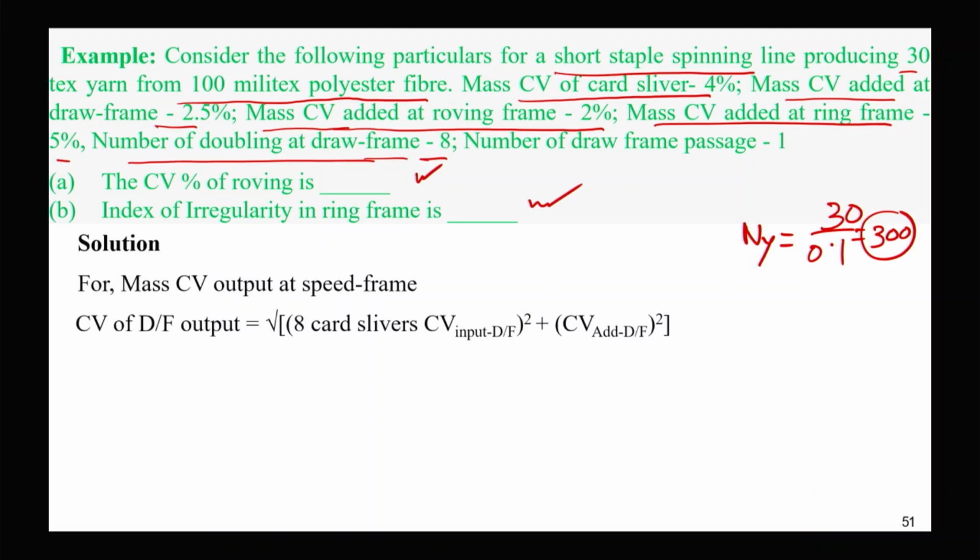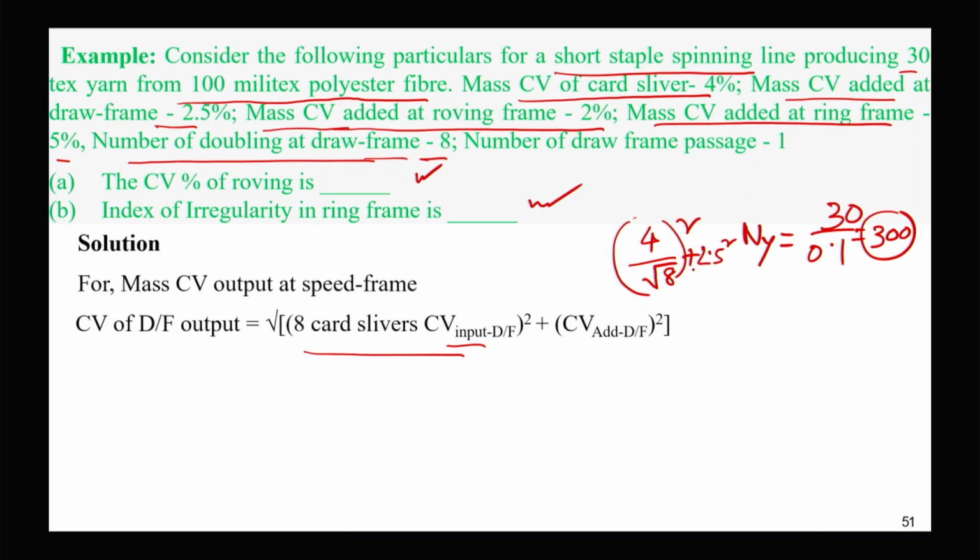CV of draw frame, input of draw frame is 8 card slivers. So one card sliver is having 4% by under root 8. So this will be the 8 card slivers, squared, plus 2.5% added at the draw frame.